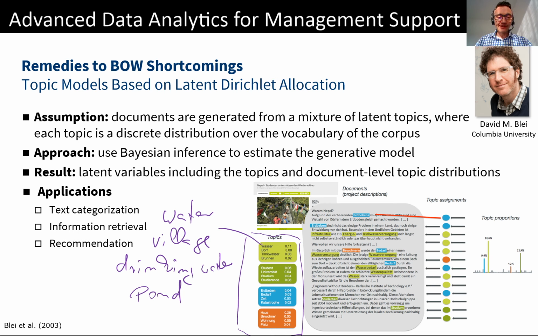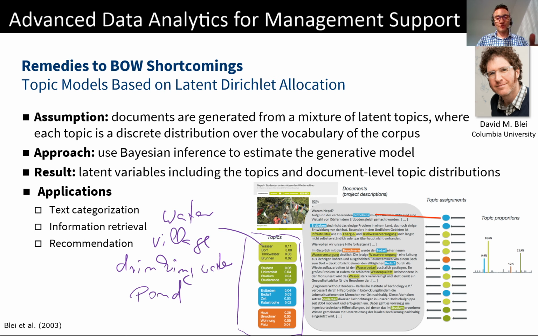And again, because you're working with these latent constructs of the document level topic distribution, the corpus level topic distribution, and the topic level word distribution, you can get insight from analyzing your text and then use this insight in downstream applications.